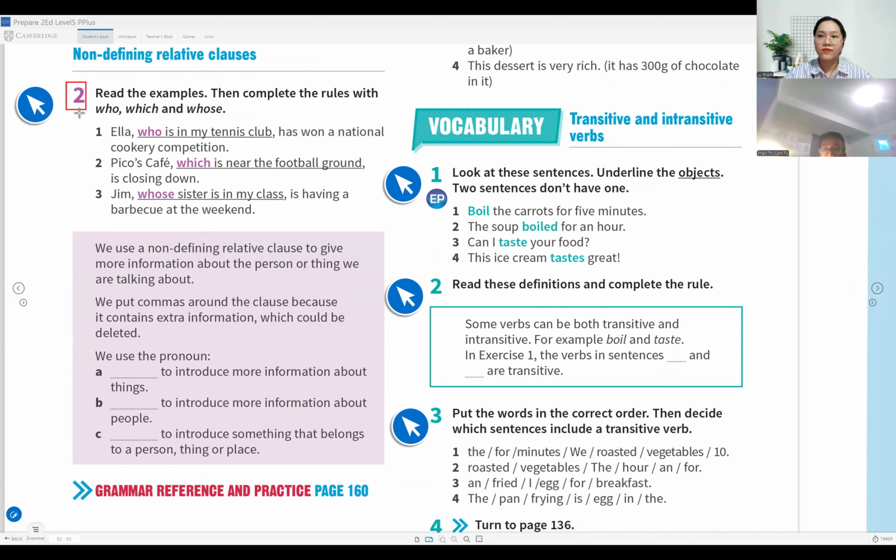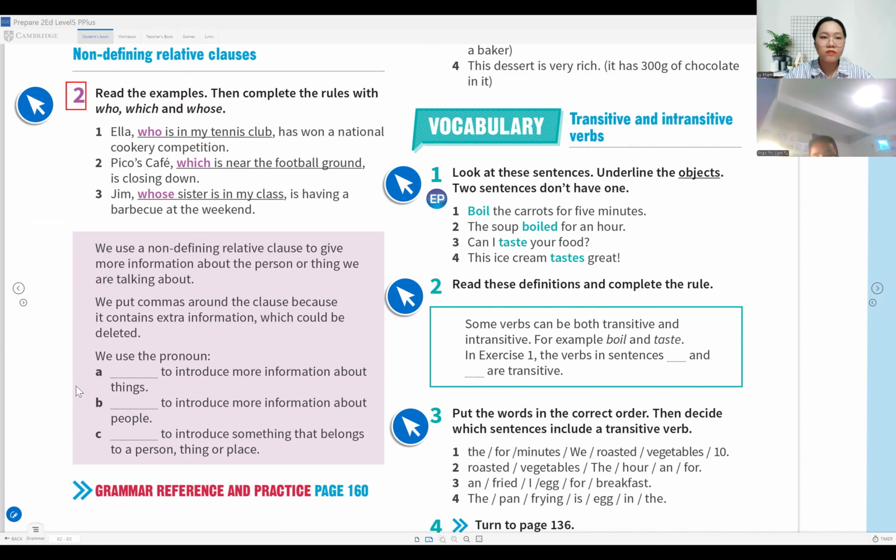Ella, who is in my tennis club, has won a national cookery competition. Pickles Cafe, which is near the football ground, is closing down. Jim, whose sister is in my class, is having a barbecue at the weekend.